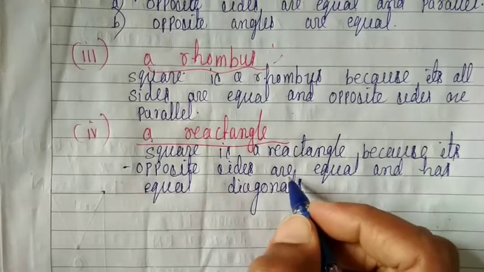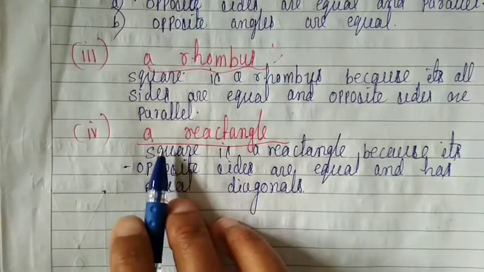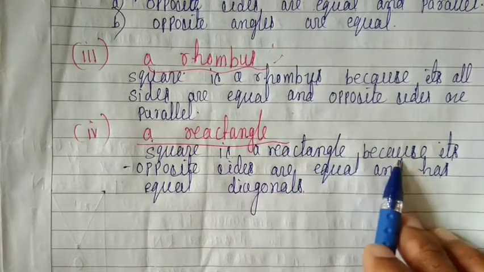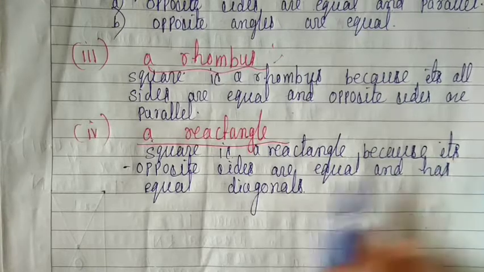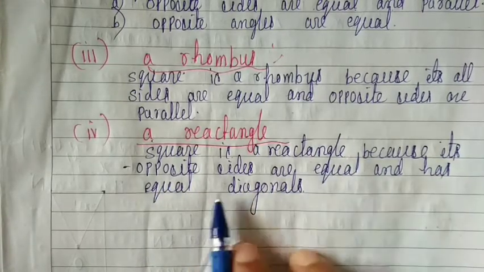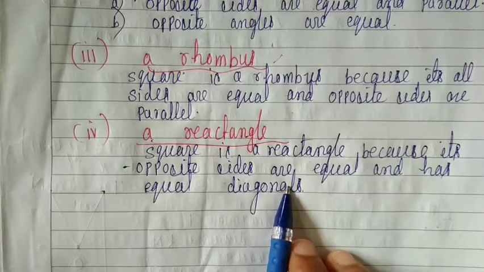Once again, how is a square a rectangle? A square is a rectangle because its opposite sides are equal and it has equal diagonals.